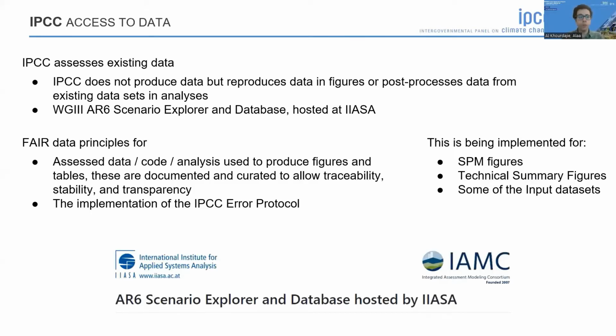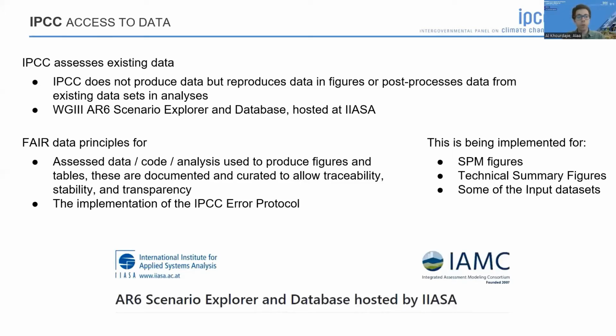The FAIR data principles are there to ensure that the assessed data, code, or analyses used to produce figures and tables in our report are properly documented and curated to allow traceability and stability, as well as transparency of the assessment.